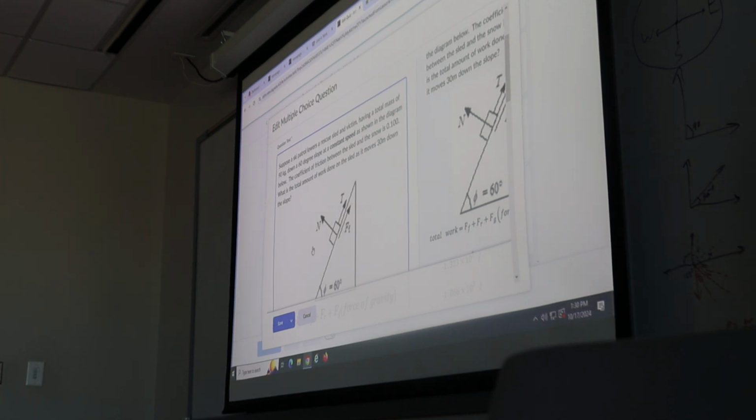Force of friction is mu times mg. What's that? Mu times N. My force of friction is the coefficient of friction, and then how much is that friction overtaking?